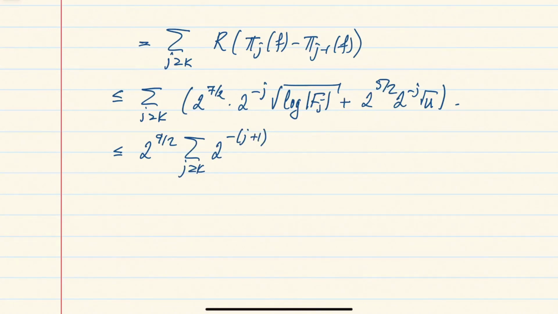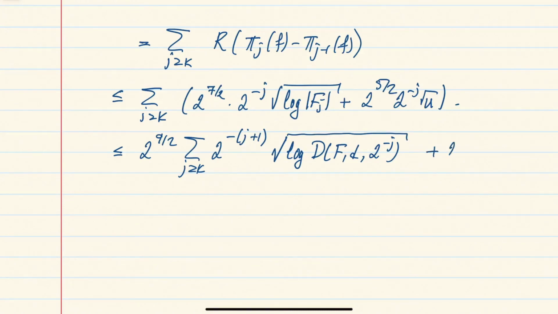Also, let's recall that the cardinality of the set f_j was bounded by the packing number at epsilon equal to 2 to the minus j. So that's the first term. Well, the second term is just a geometric series, so you can see that you get 2 to the 7/2, 2 to the minus k, square root of u.